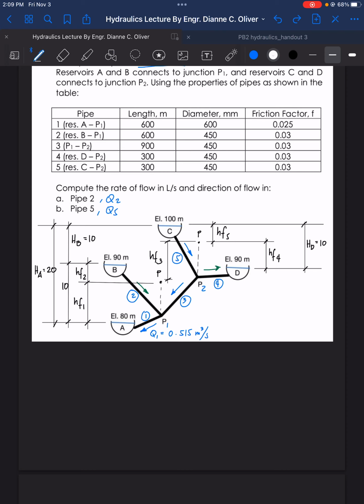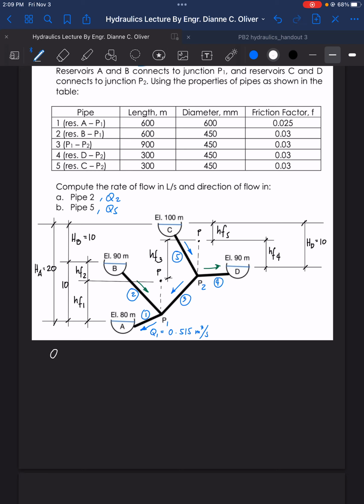Q5 is equal to Q3 plus Q4, and that is equation number 1.